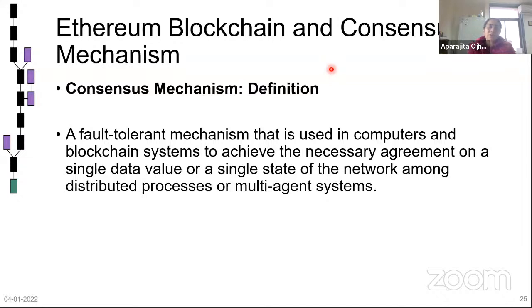So it is a fault tolerant mechanism used in computers and blockchain systems to achieve the necessary agreement on a single data value. For example, in distributed systems also, earlier we had a fault tolerant mechanism for changing the state of a network or changing the state of a database, right? A single data value or a single state of the network among distributed processes.